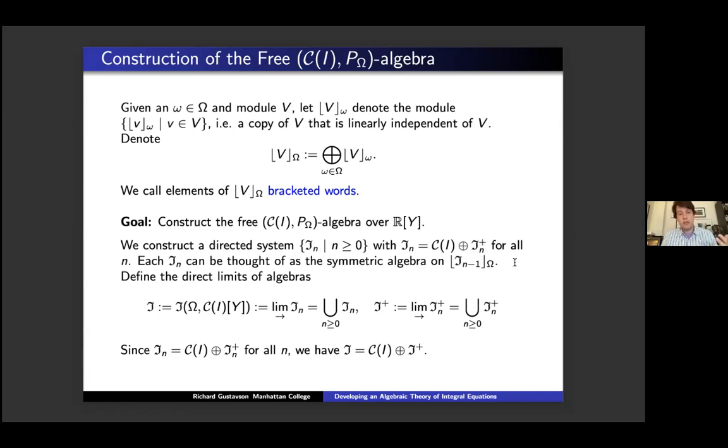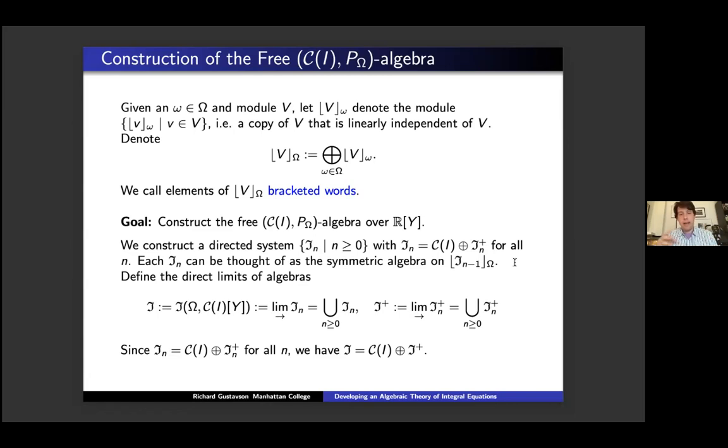And so to construct the free relative algebra, we do the following. We're going to define a directed system, I_n, and each I_n is augmented in the sense that we can write it as a direct sum of C of I with this I_n plus, for some I_n plus.